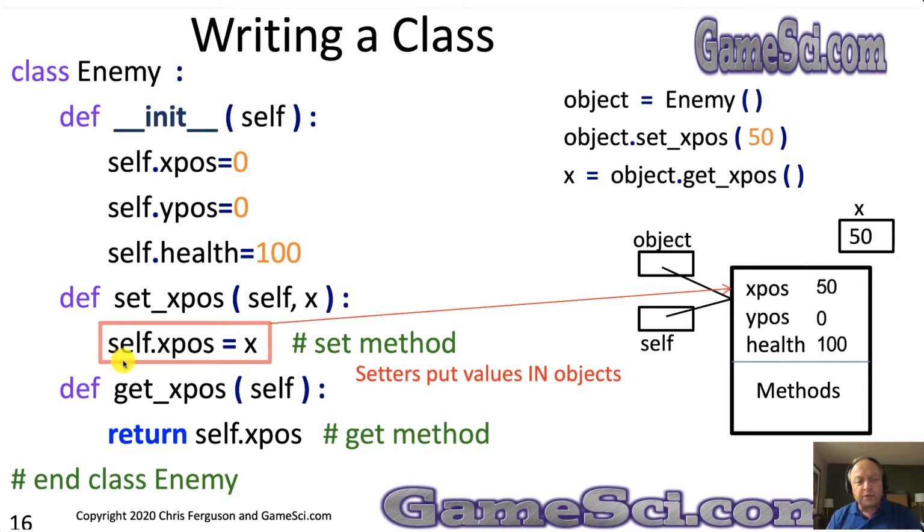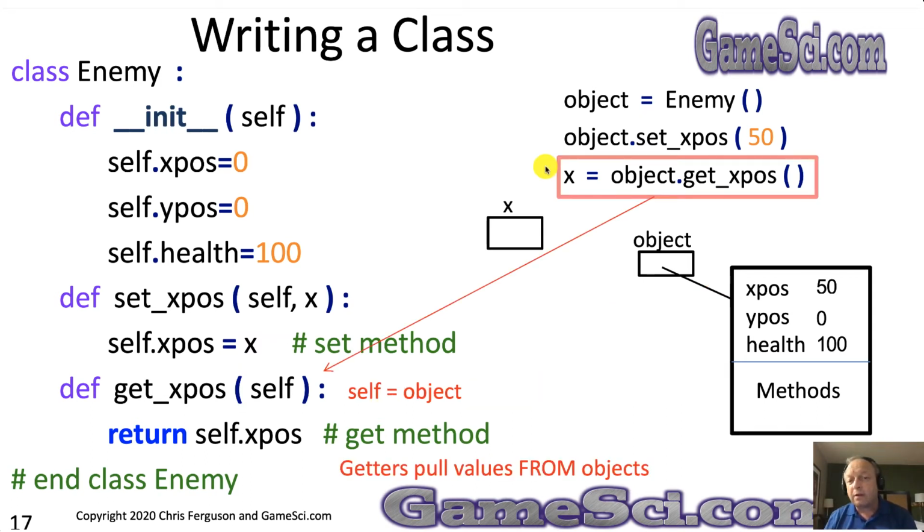When we execute self.xpos, it would be the exact same thing as if we executed object.xpos. Self and object are pointing to the same thing. Anything I do to self will happen to the object reference variable. Let's go back out and execute the next line of code.